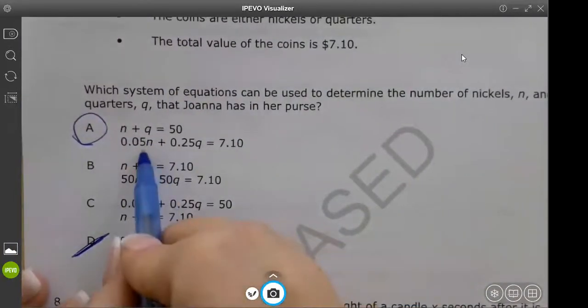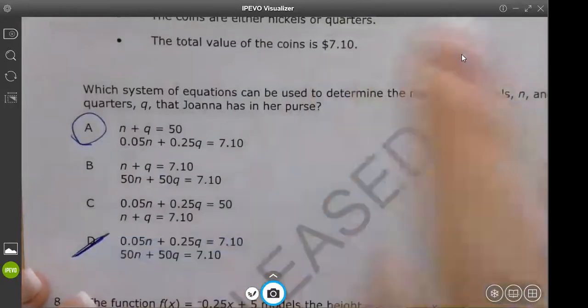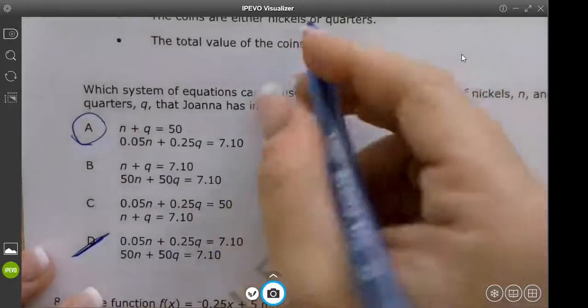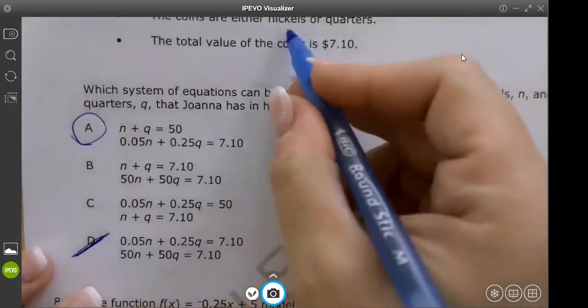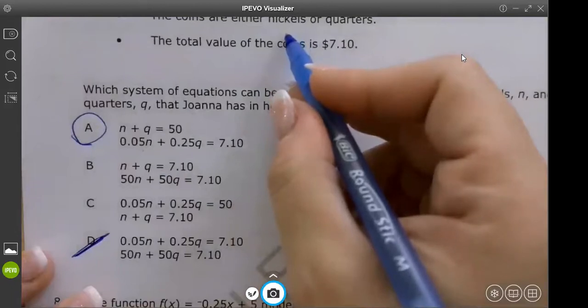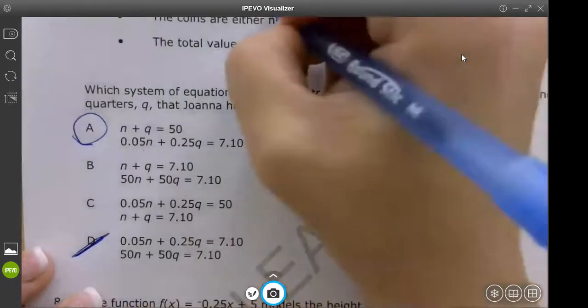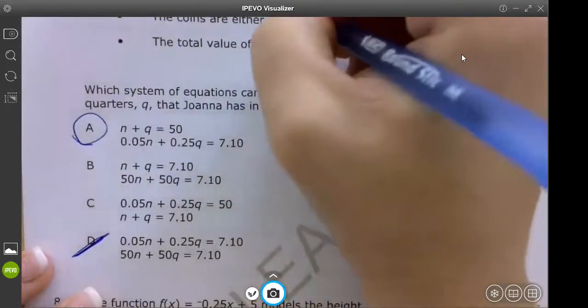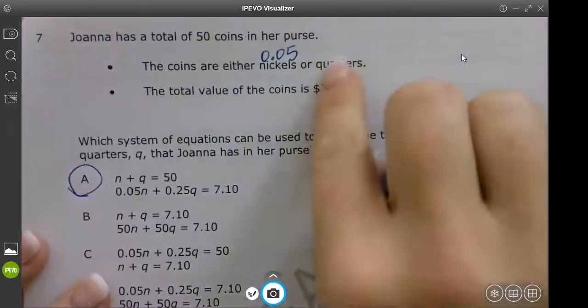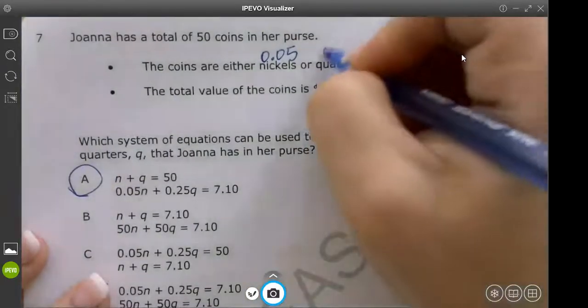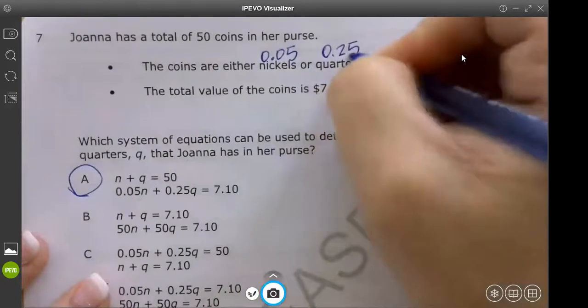How did they get the second equation? The value of the coins is $7.10. How much is a nickel worth? 5 cents. You write that like 0.05. How much is a quarter worth? 25. You write that as 0.25.